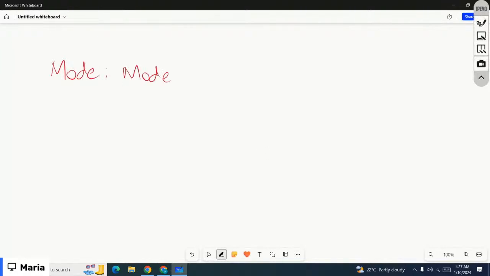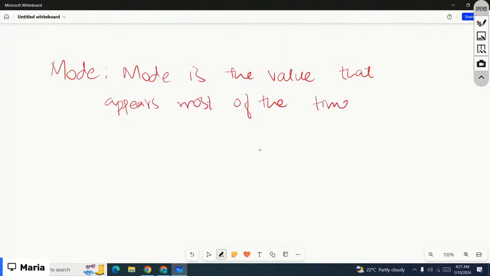Mode is the value that appears most of the time in the given data, right? Now, the median. Median divides the whole data into two groups.